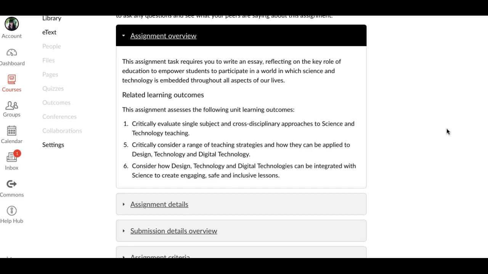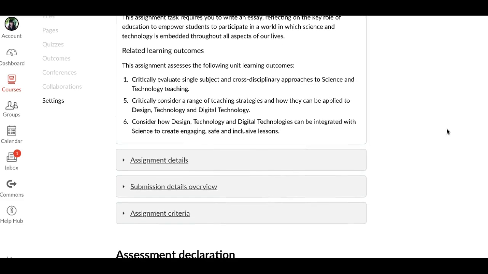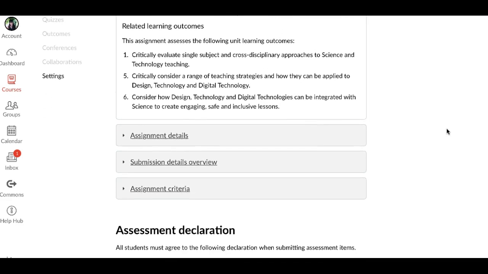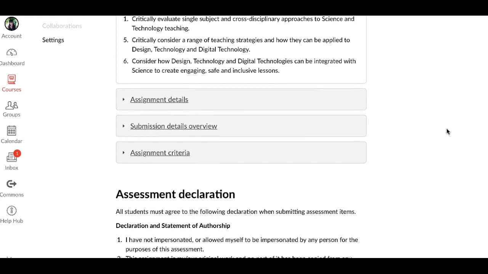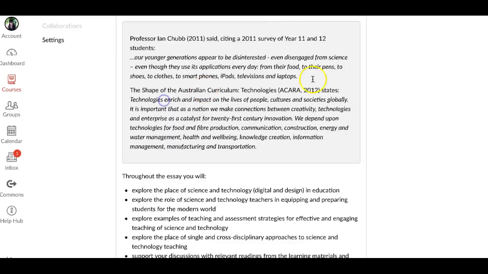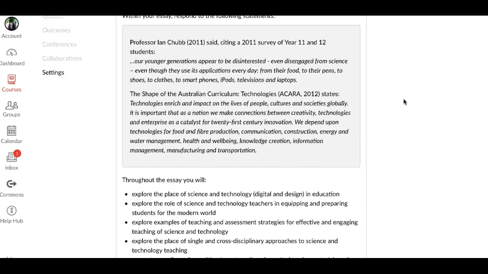And also consider how design, technology and digital technologies can be integrated with science to create engaging, safe, inclusive lessons. So this is the umbrella thing that you're thinking about when you're writing your essay. I'll go into the details. That's not the criteria though.